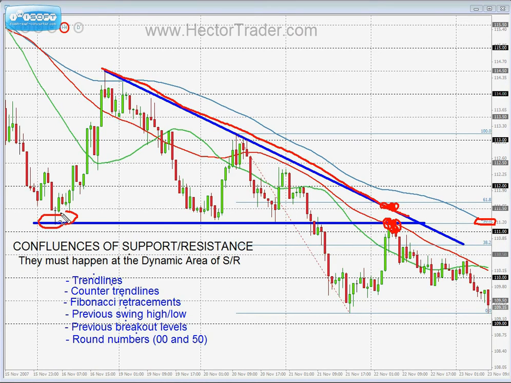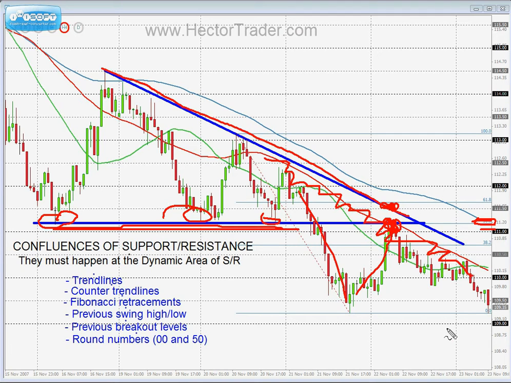What we do have indeed is the previous breakout level. Previous triple bottom broken. Once broken, former support becomes resistance. So we have three elements coming together: previous breakout point, round number, 50% Fibonacci retracement within the dynamic area of resistance.